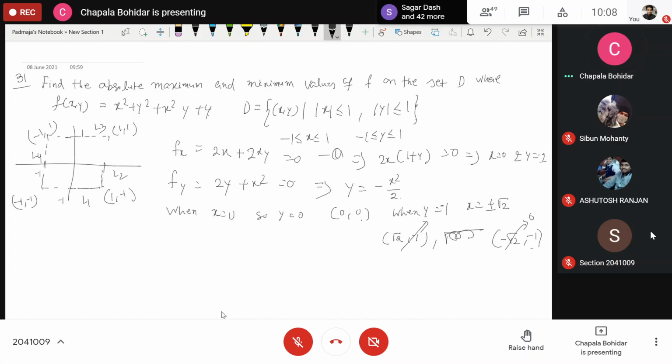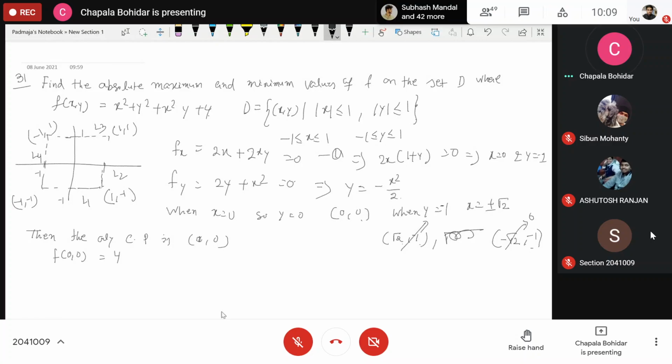Then the only critical point is (0, 0), which is inside the domain. So the functional value at the critical point, f of 0, 0, is equal to 4.